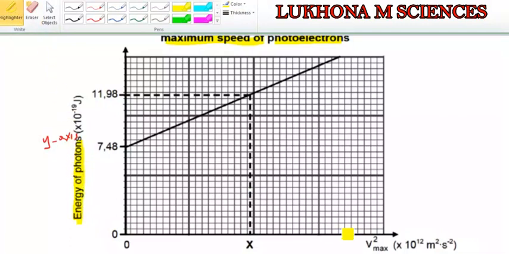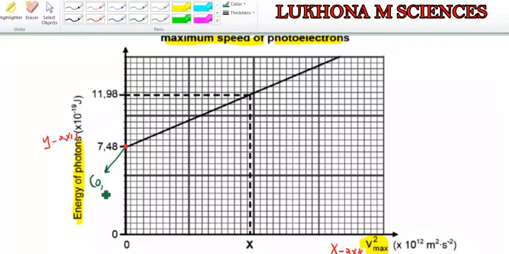Then on the x-axis we have the squared speed, so that is our x-axis. Okay, then we have this area. This area is the y-intercept.